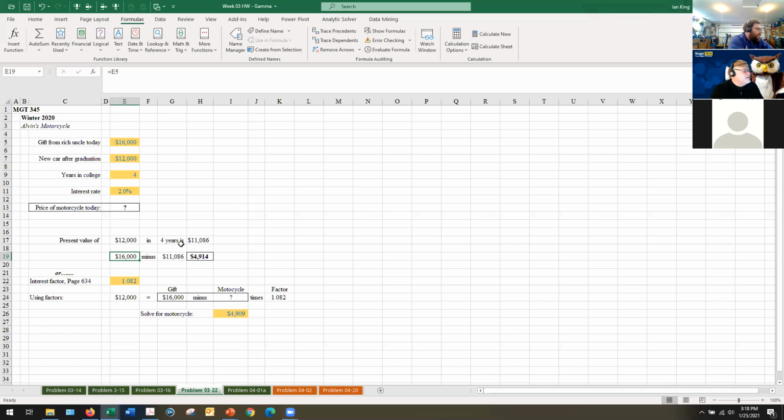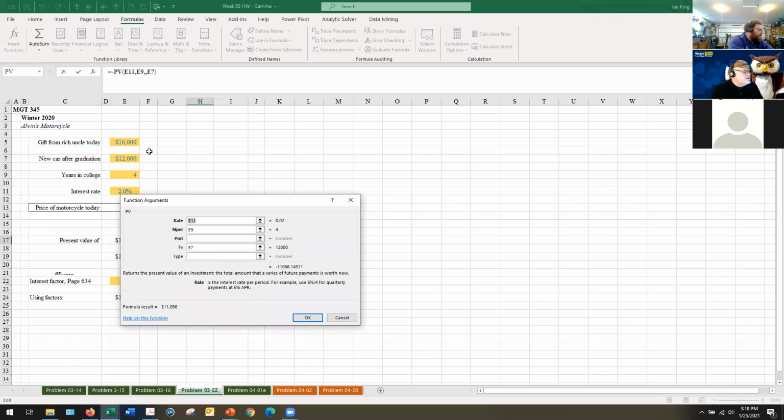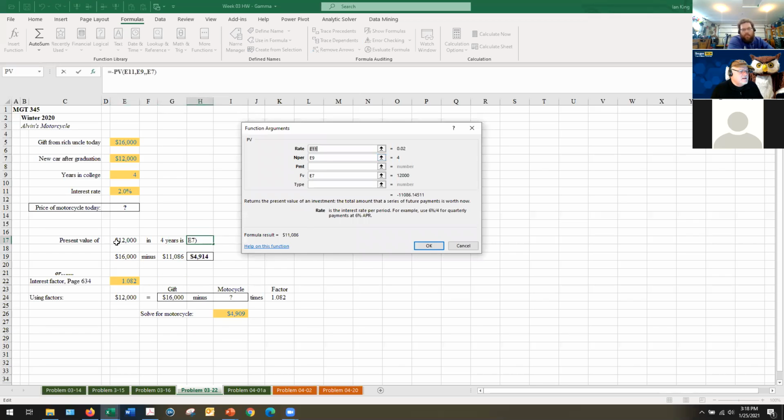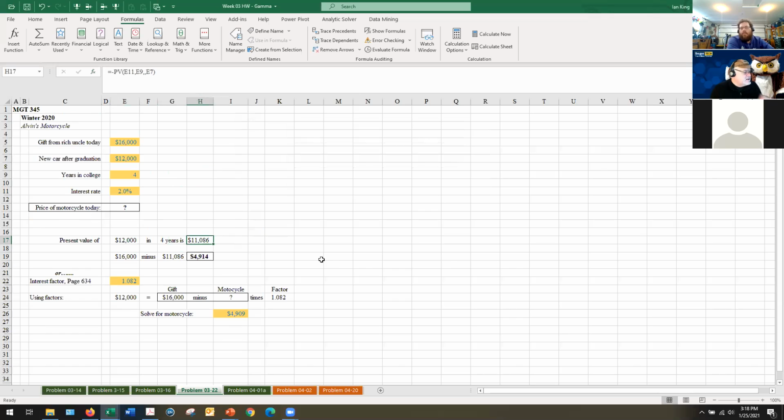All I did in this version is, once again, present value, same as we've been doing before. Your future value needs to be $12,000 because he wants to have that. So in 4 years, interest rate is 2%. That means he's got to put this much in the bank now. So in 4 years, at 2%, he'll have $12,000.